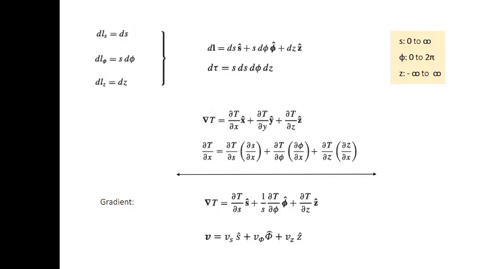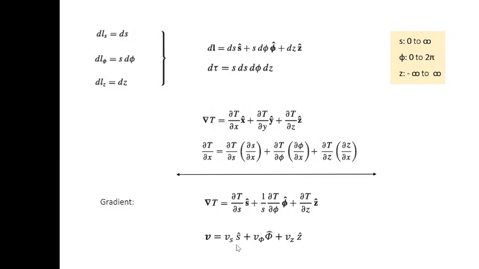You can do it yourself, or by following the general method given in Appendix A, you can get an easier result. In any case, if you do that, you get the gradient of T equal to dou T by dou s s cap plus 1 over s dou T by dou phi phi cap plus dou T by dou z z cap.